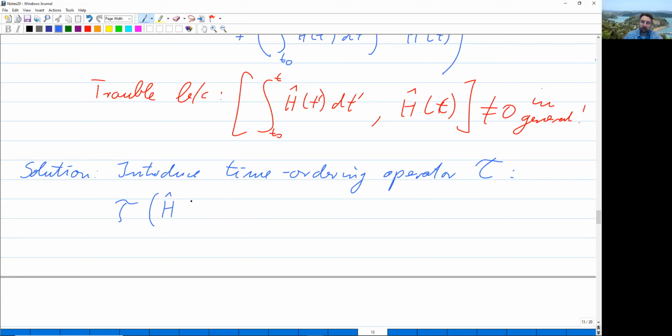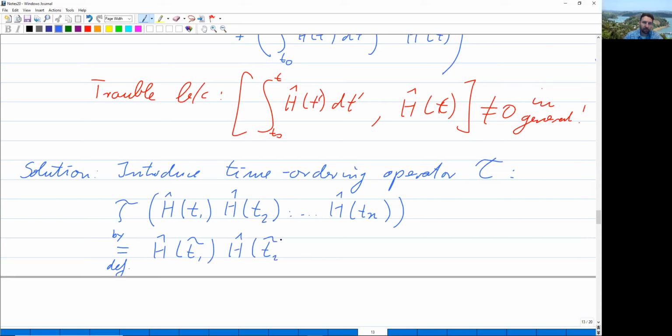It acts on products of the Hamiltonian. If we take the Hamiltonian at time t1, multiply it with the Hamiltonian at time t2, until the Hamiltonian at time tn, then this is, by definition, the Hamiltonian at time t1 tilde, I'll explain in a sec what the business is with this, t2 tilde, dot, dot, dot, until h hat of tn tilde.